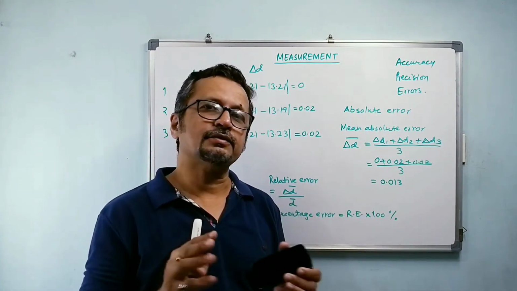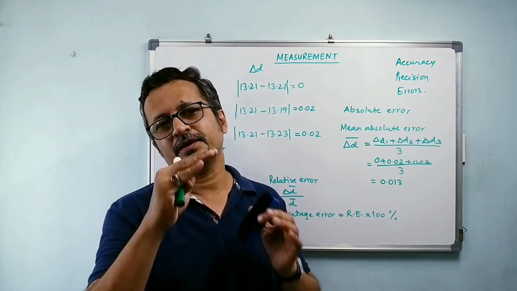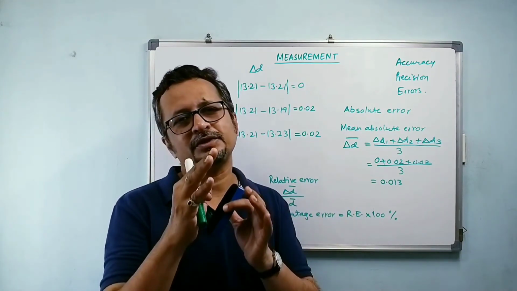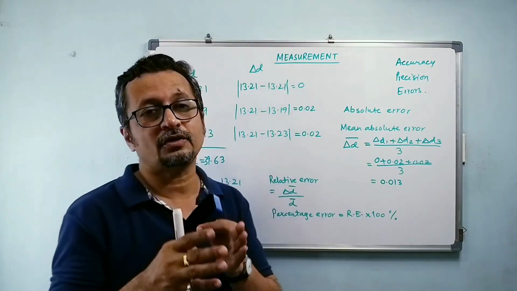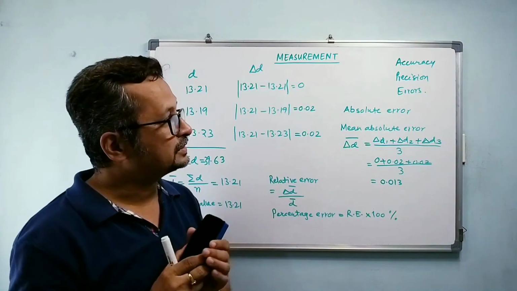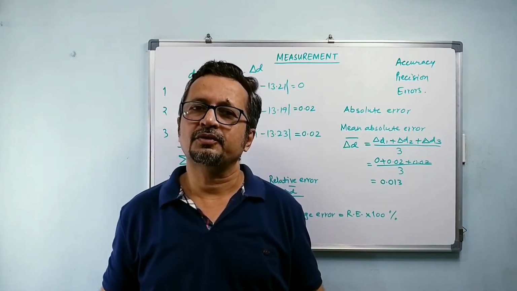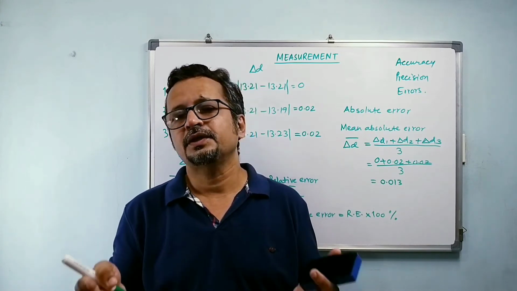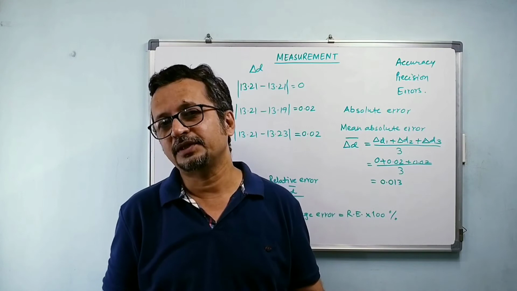So that was about calculating different values of error calculations. But what is the reason for errors? What introduces errors in my measurement?